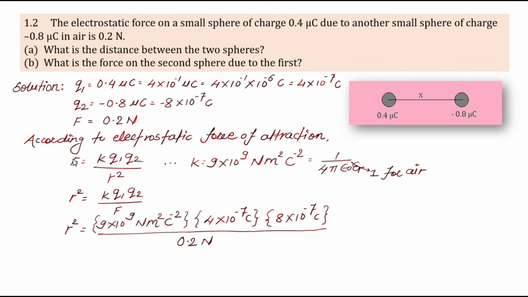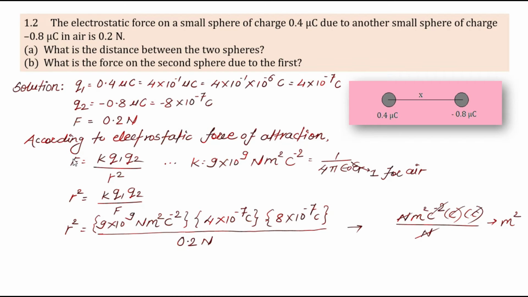So let's take a look at the units cancellation. Here we have units Newton meter square C raised to minus 2, again C, again C. So C raised to minus 2 and C square will get cancelled, and upon Newton is there, so Newton gets cancelled. We are left with meter square.